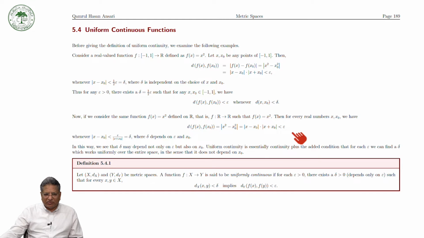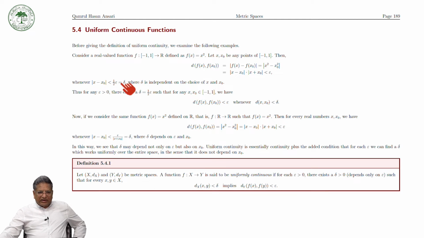So the function is continuous, but the difference is what? The difference is that here the delta is depending on epsilon, not on x and x naught. But here the delta is depending on epsilon as well as on x naught.